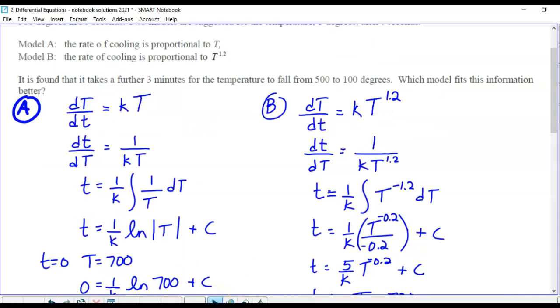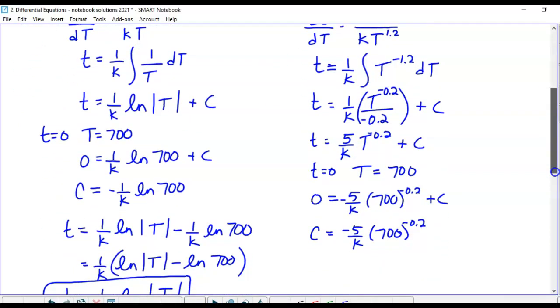Okay. All right. Oh, sorry. That's still negative, and then here, this is going to be positive. That's where I meant to erase.